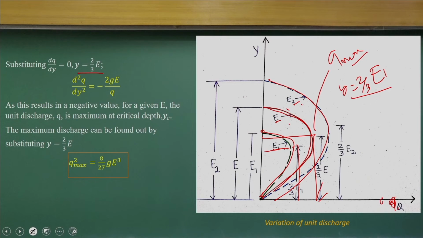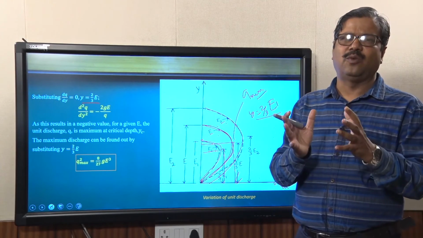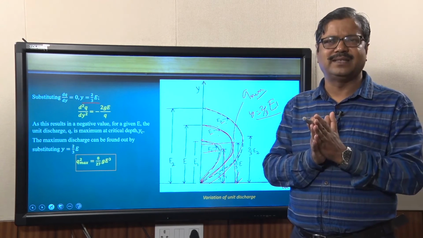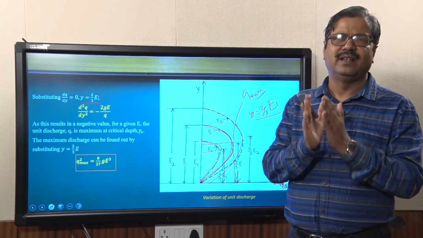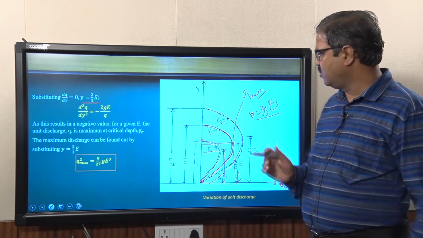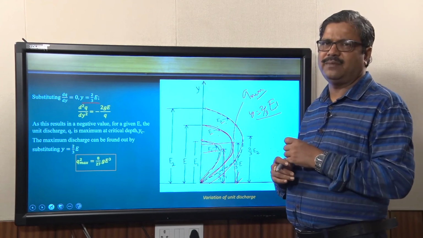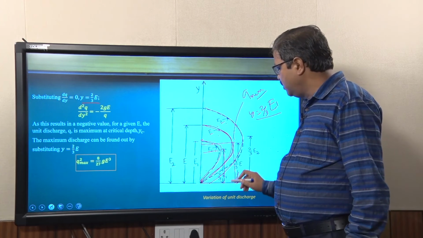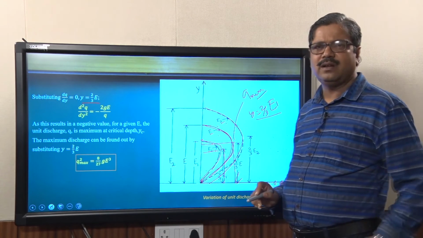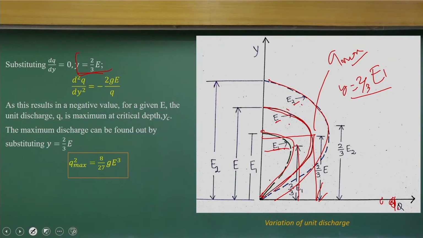That means if you are taking a channel and the specific energy is constant, or the energy dissipations are not happening, there will be a critical point or critical flow depth where Q will be the maximum, and Y will have a relationship like this, 2/3 of specific energy.